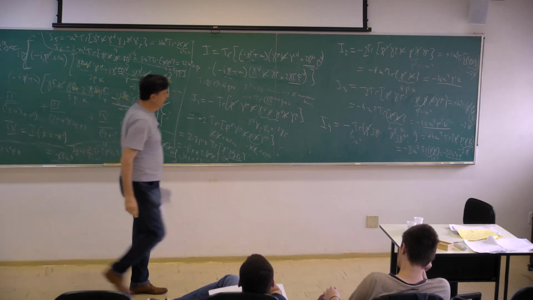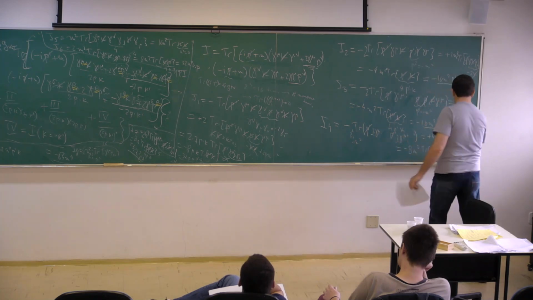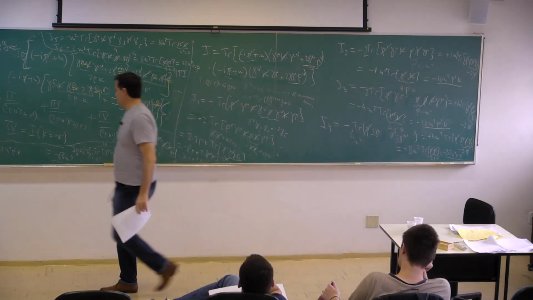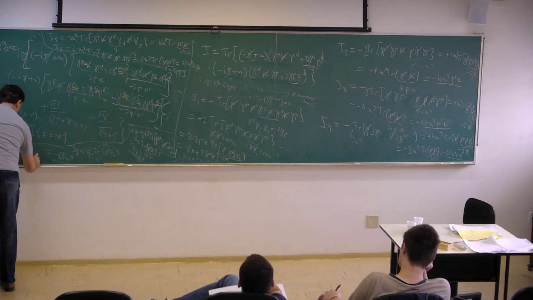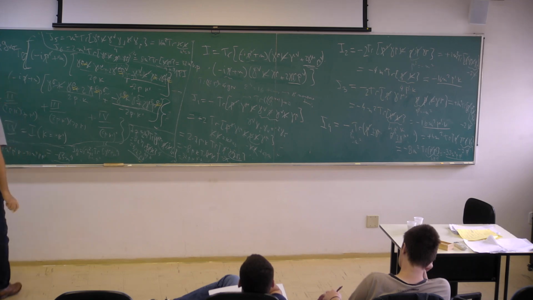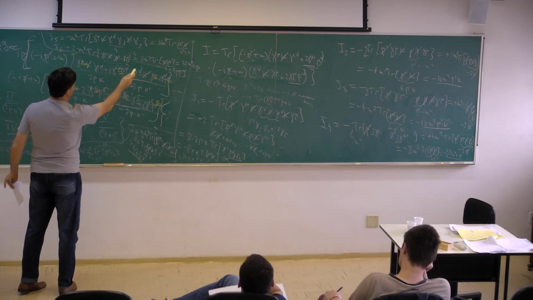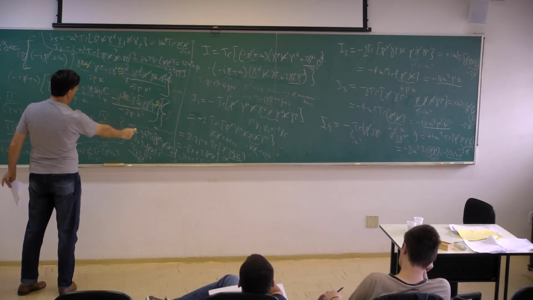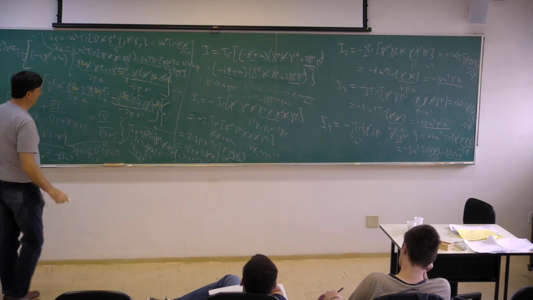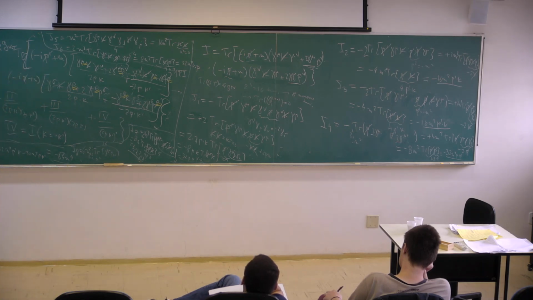And I4 is minus 32 m squared p p prime. I5 is 0. I6 is equal to I7 and is 32 m squared pk, so plus 64 m squared pk. And I8 is minus 64 m to the fourth. All right?